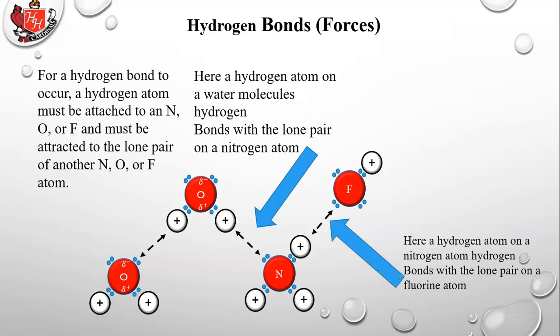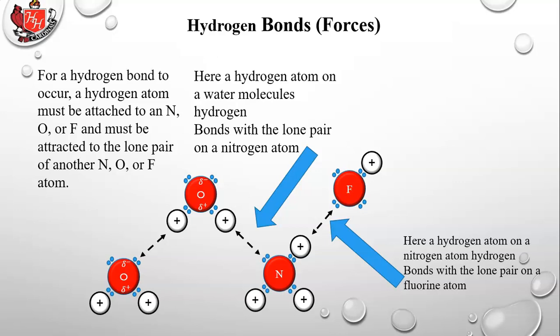Here, a hydrogen atom on a nitrogen atom, that's the one on the lower right, hydrogen bonds with the lone pair on a fluorine atom. So you can see how the proton, that's the nucleus of a hydrogen, on the ammonia molecule, the NH3 there, will be attracted to the lone pair on a fluorine.